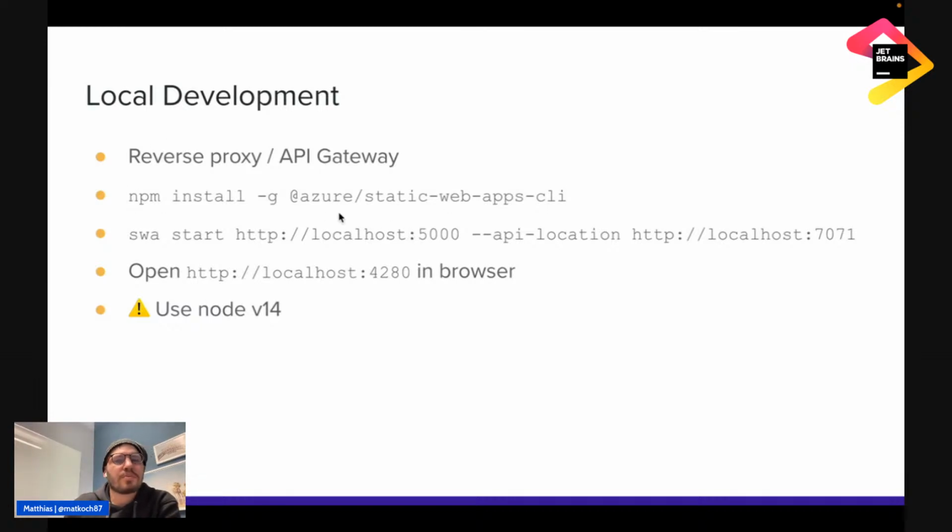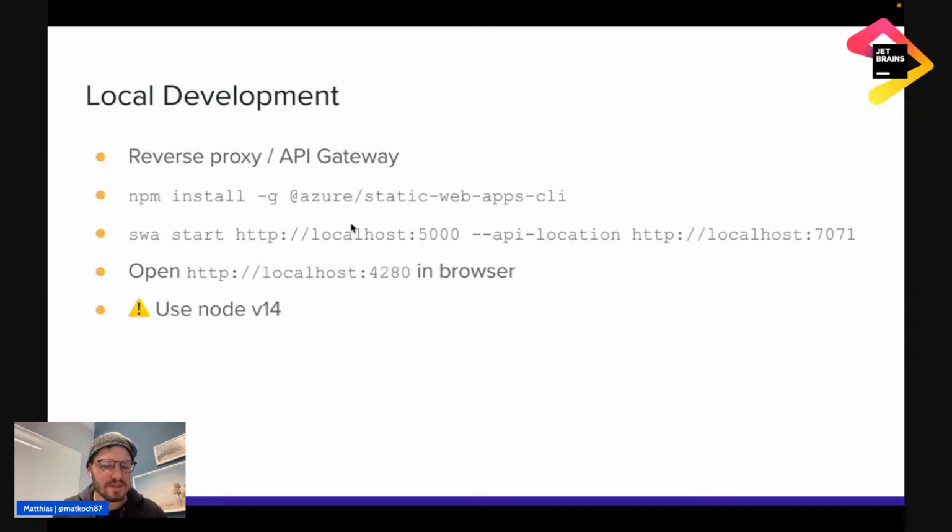To use that Static Web App CLI, you need to install it as a, usually global tool through npm. And also, usually, the front end, if we're talking about Blazor, is published at port 5000, while Azure Functions are exposed on 7071. Yeah.